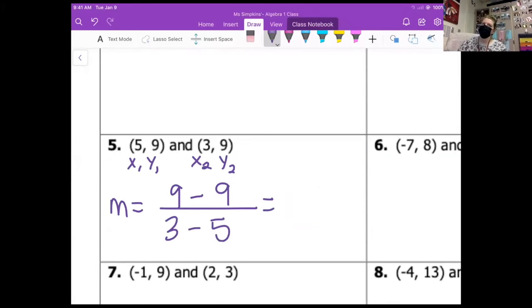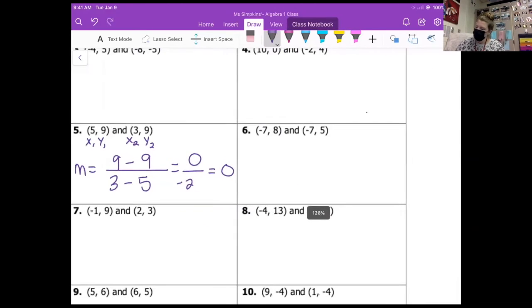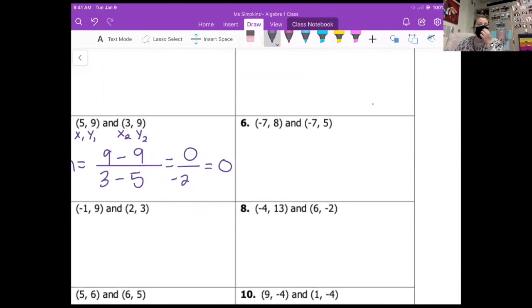Most difficult problem of the day. 9 minus 9. 0 over -2. It doesn't really matter what the denominator is because 0 divided by anything is going to be 0. Awesome. Woohoo. Okay, I would like you, and let me know when you're done, to do 6 and 8.